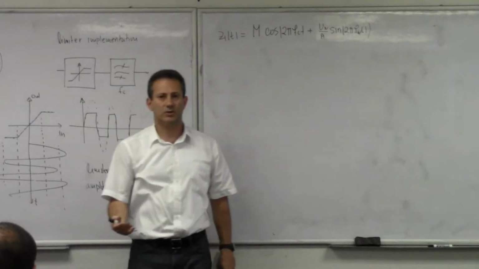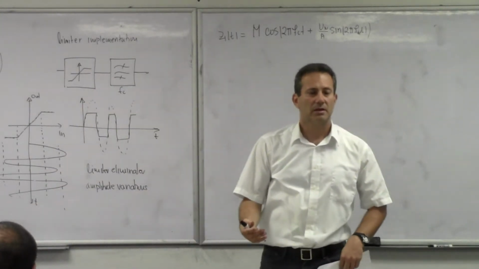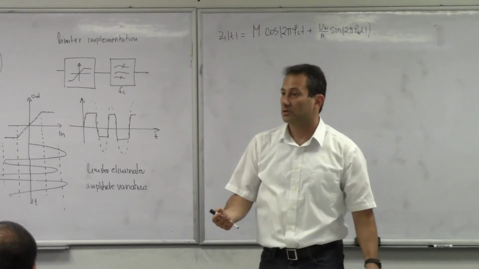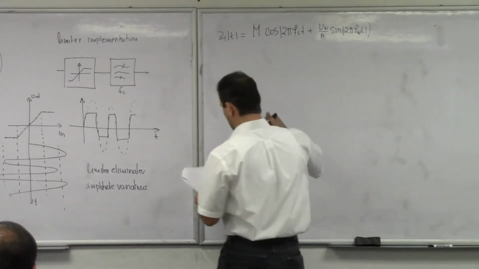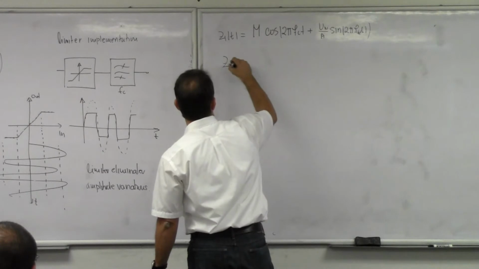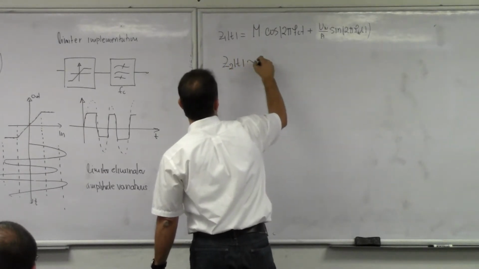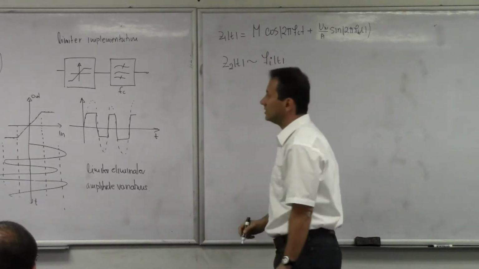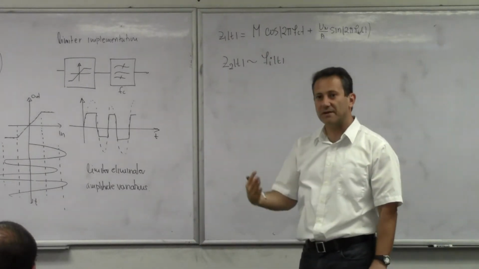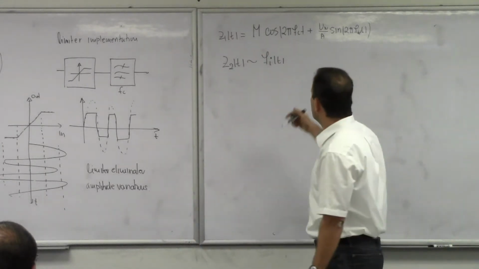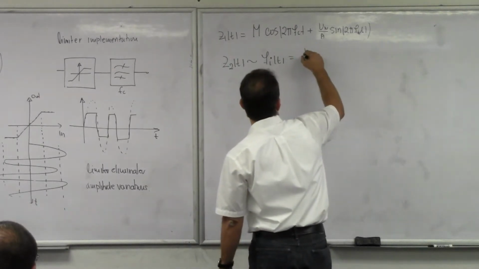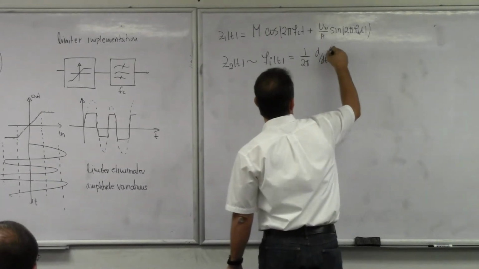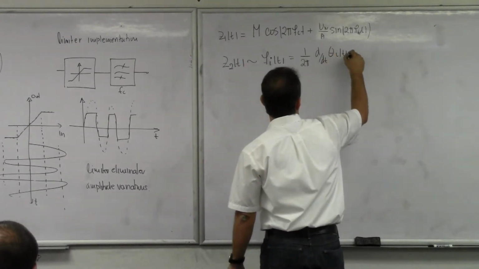What does an FM demodulator do? It generates a signal that's proportional to the instantaneous frequency, right? So my output signal Z2 of t is going to be something proportional to the instantaneous frequency, because this receiver understands this is an FM modulated signal. Now instantaneous frequency is 1 over 2 pi times the derivative over time of your instantaneous phase, right?